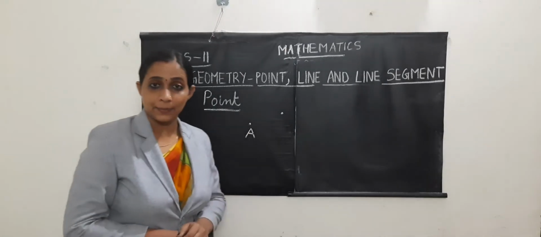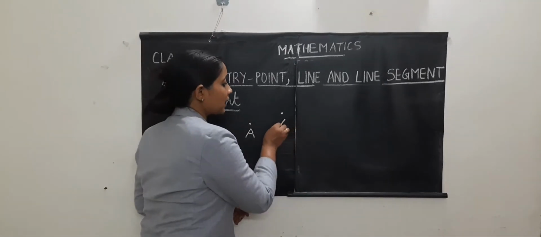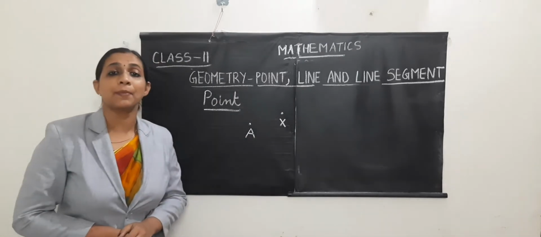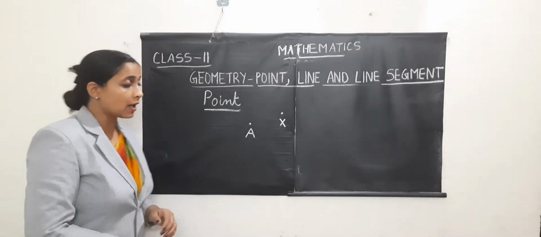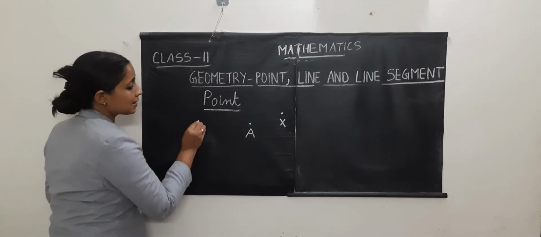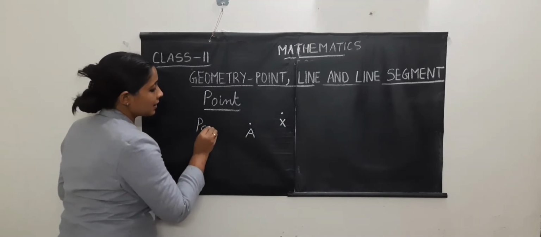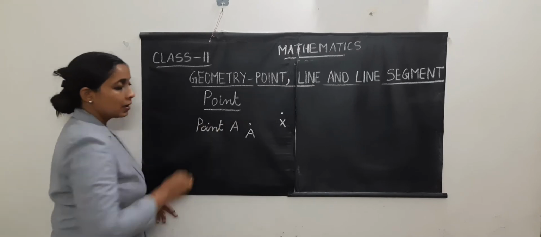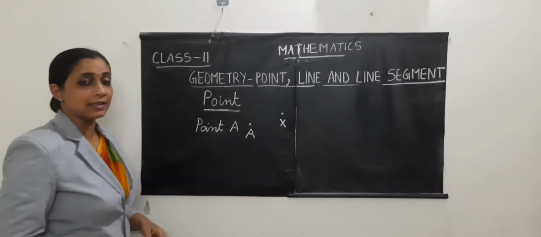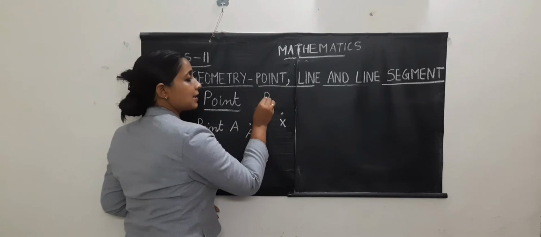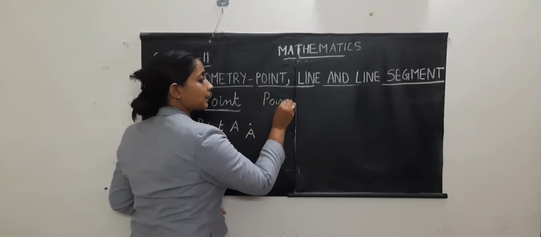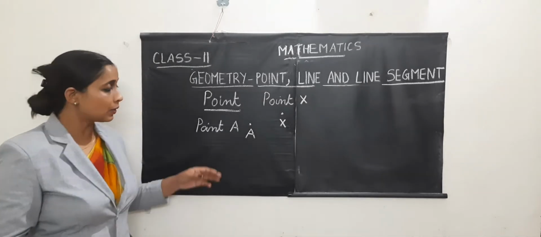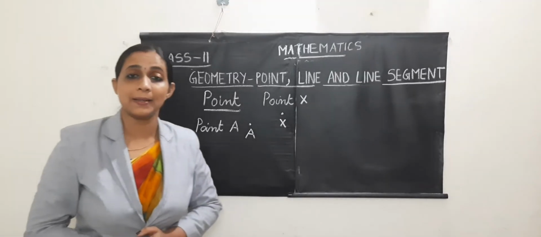Now this is another point. We can name it X. How will you read it? It is point X. This is point A, and this point is point X. So what is a point?